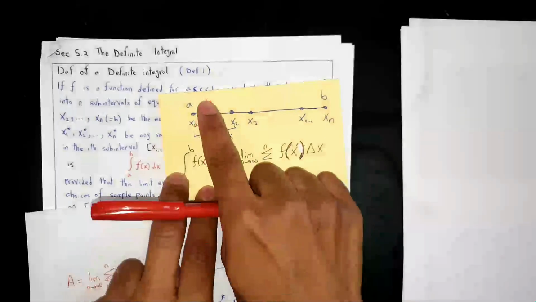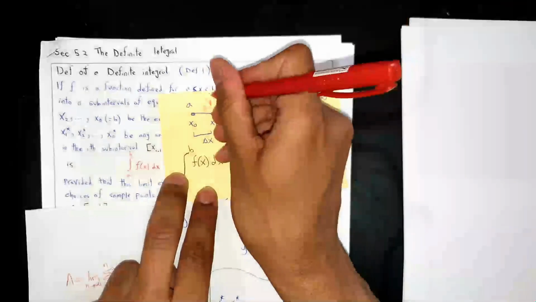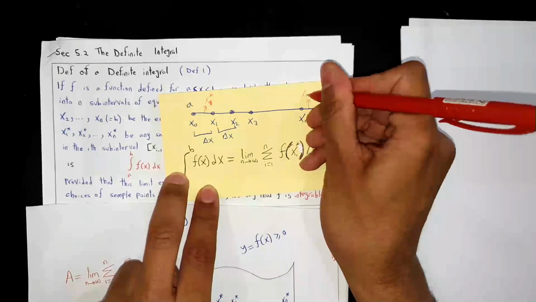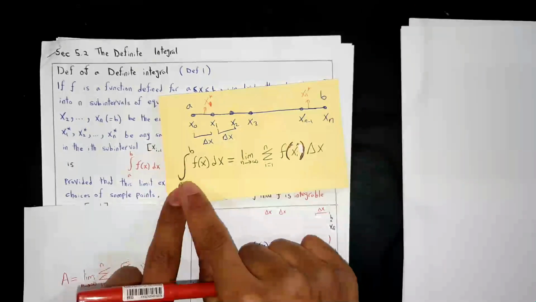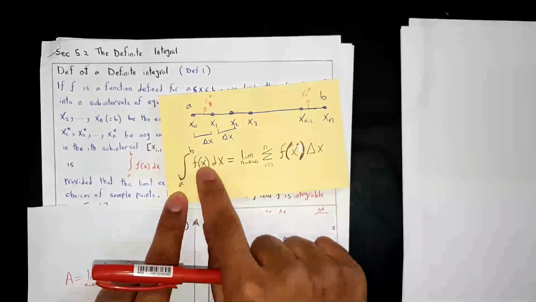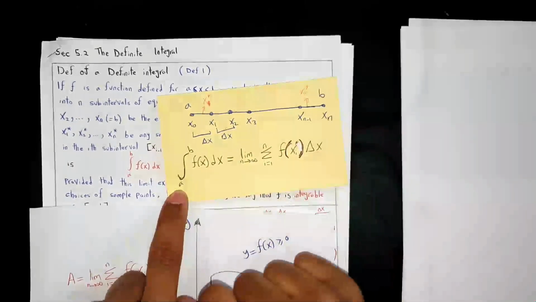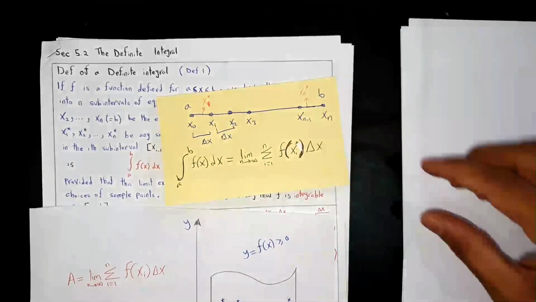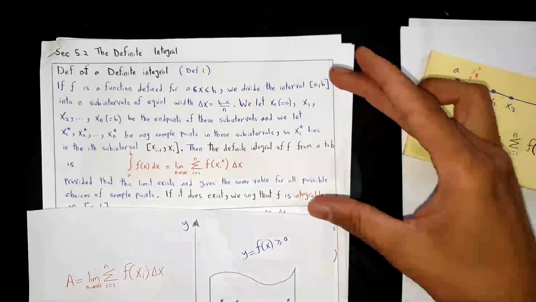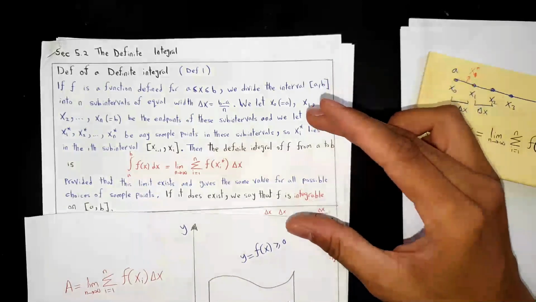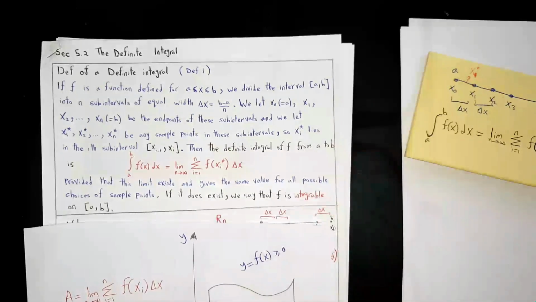Then we will choose x1 star from this interval and so on until the last one we will pick xn star. At the end of the day we will have the integral from a to b of f of x dx, limit of summation f of xi star delta x. Good. This definition is given in the textbook and it is followed by 7 notes.